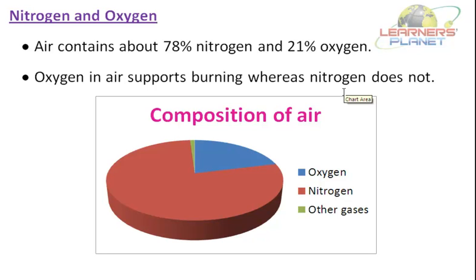So, how amazing it is. It means air occupies space and air has weight too. It is not massless. So this was about nitrogen and oxygen. Let us see other gases that comprise 1% of the atmosphere.